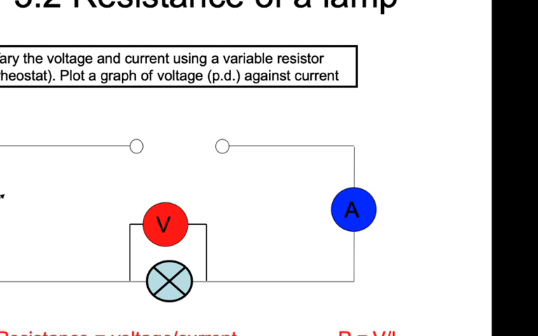So we can vary the voltage and current using a variable resistor and then plot the graph of the voltage against the current. So here is our symbol for a rheostat, which means that essentially, if you think about any dimming light switches or anything like that, that's essentially what we're doing.